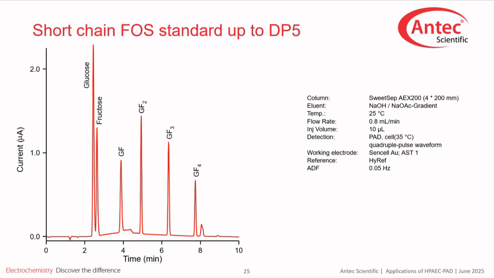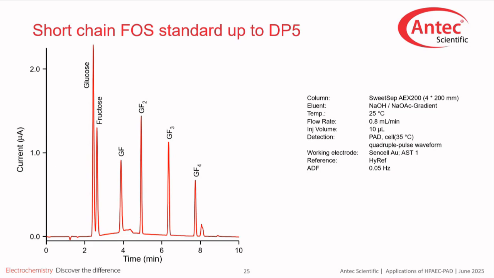We saw an example of that in the last slide. Or shorter fructooligosaccharides, FOS, with a DP between 2 and 7. The separation shown in this slide was done on the SweetSep AEX200 using a sodium hydroxide and sodium acetate gradient with PAD, demonstrating the separation of a FOS standard.